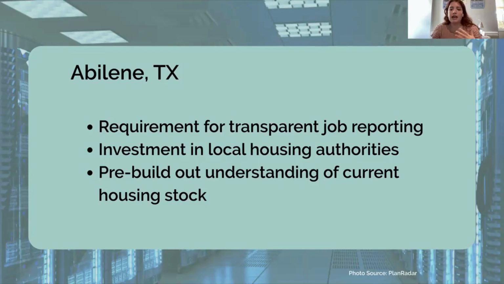And then having that pre-build out understanding of current housing stock. Again, Abilene was already struggling with this to some degree. So why not have a strong housing plan with up to date inventories, having a plan to invest in diverse housing? And again, if we're talking about promises, what does that promise to support that housing inventory actually look like? And we're talking about diverse housing stock.